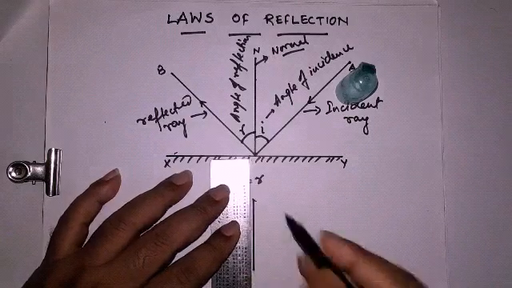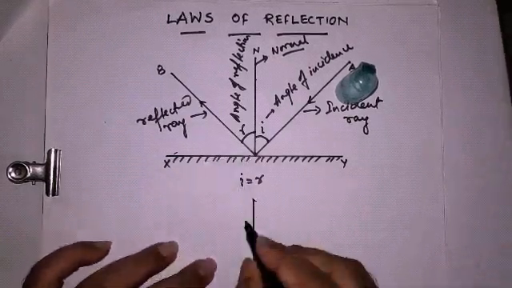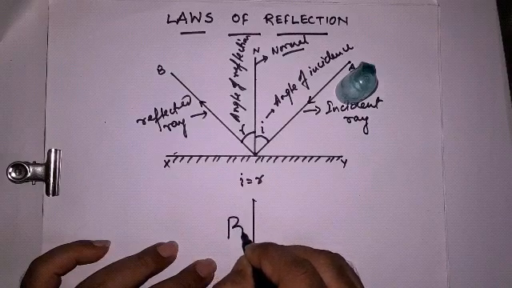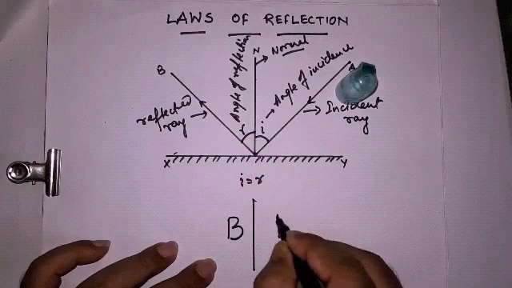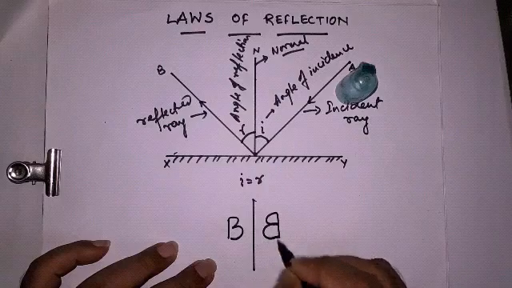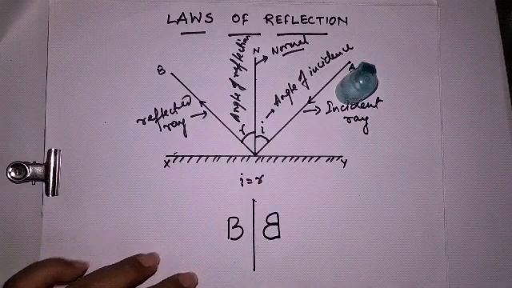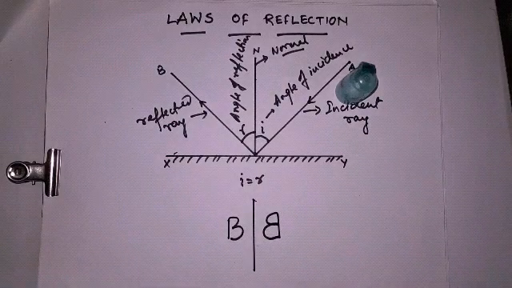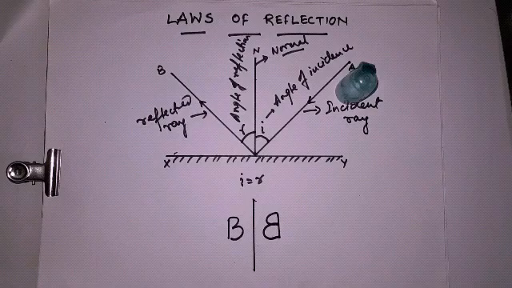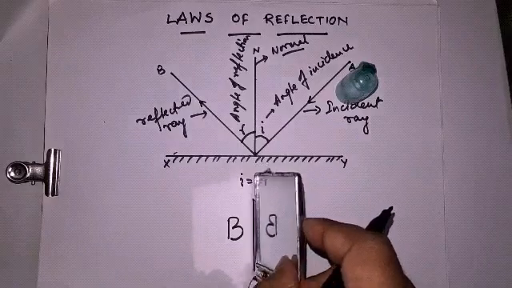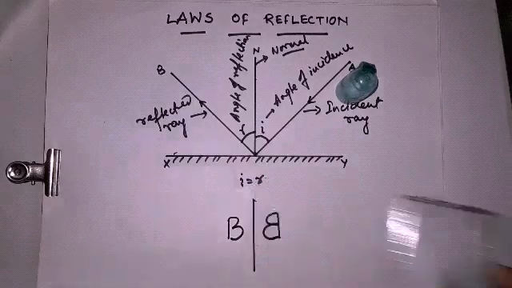Suppose this is the mirror. On this side of the mirror, if I write the alphabet B, on the other side of the mirror we'll see it like this. If we try to do this experimentally, we can see it. If I see the B over here, it looks like this, as I've drawn.